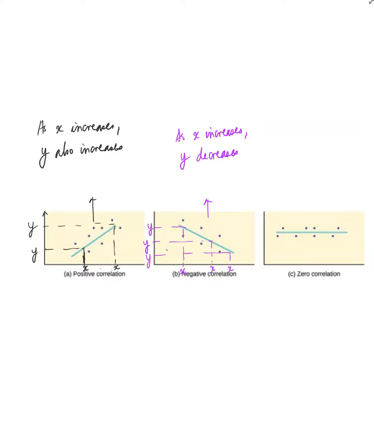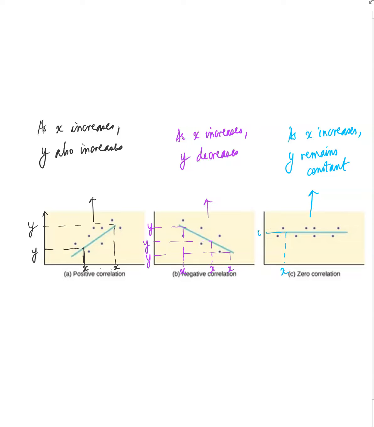Now, if you look at zero correlation, what happens here? It doesn't matter. As x increases, the y remains the same, right? As x increases, y remains constant. You can see that, okay? This is the x value.